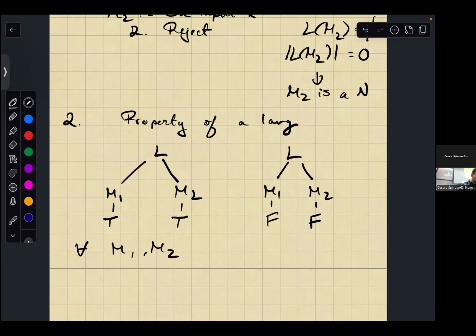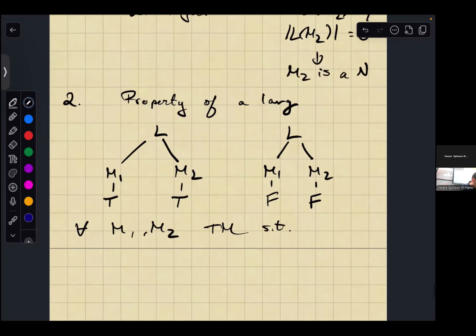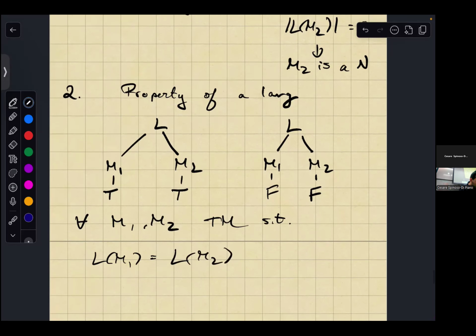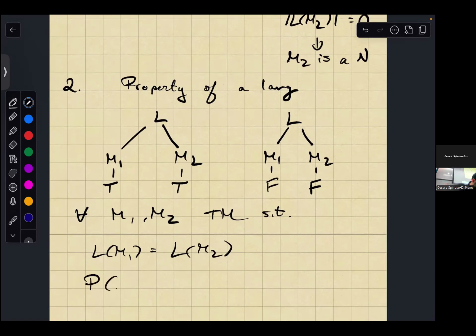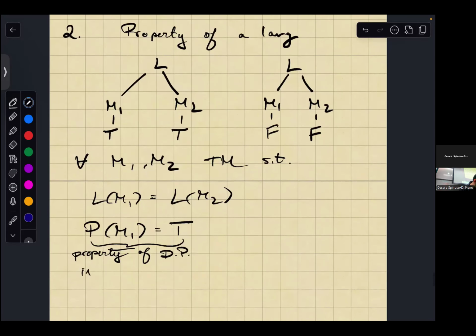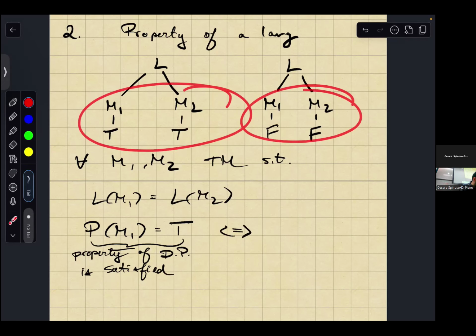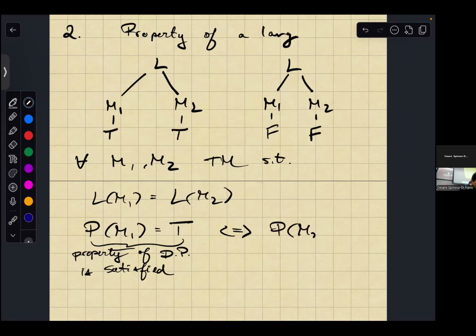You want to ensure that for every pair of Turing machines where the Turing machines accept the same language, the property of the decision problem is satisfied by M1 if and only if it's also satisfied by M2. That is kind of representing the idea I just gave.